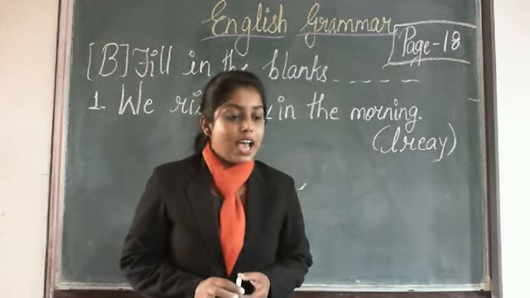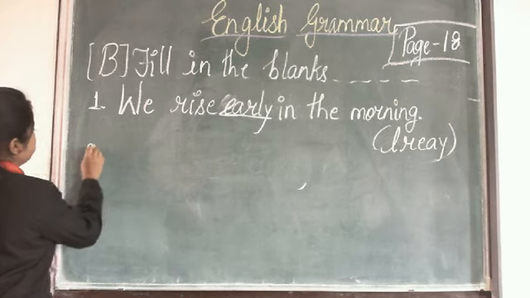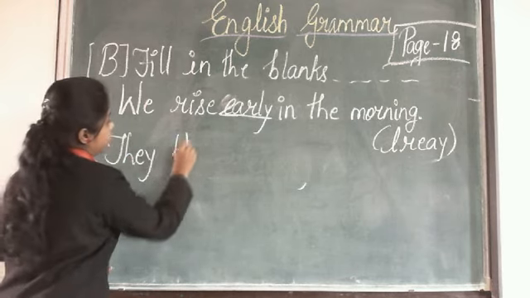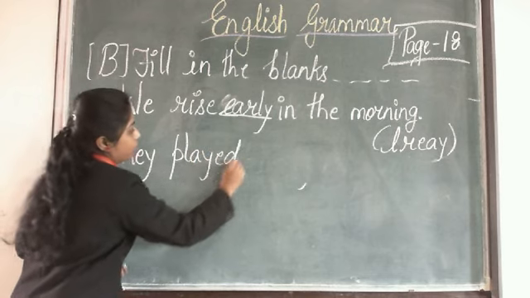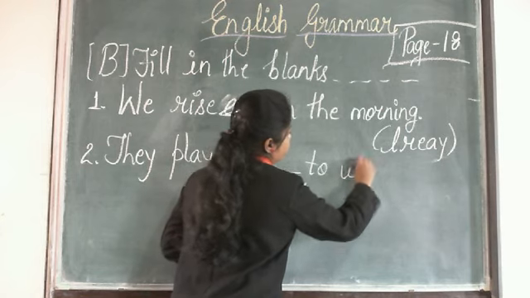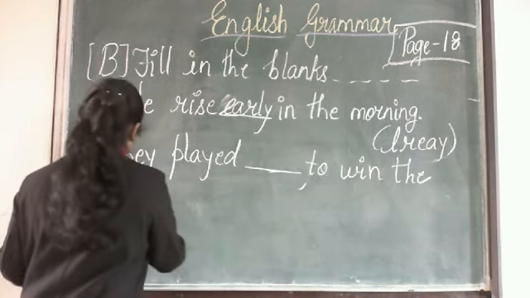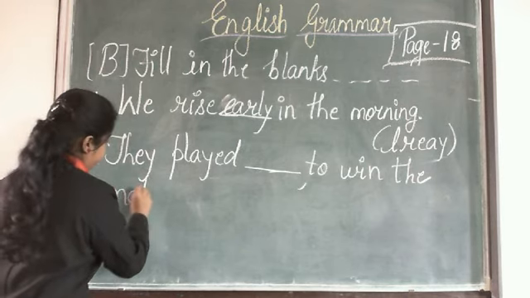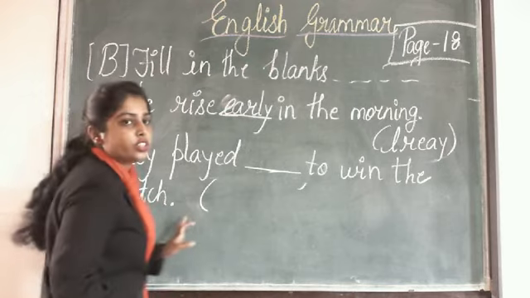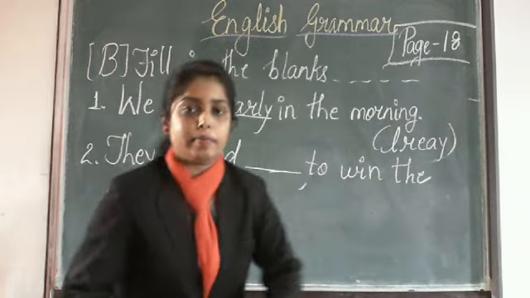Sentence number 2. They played dash to win the match. And your scrambled letters are L-E-L-W.